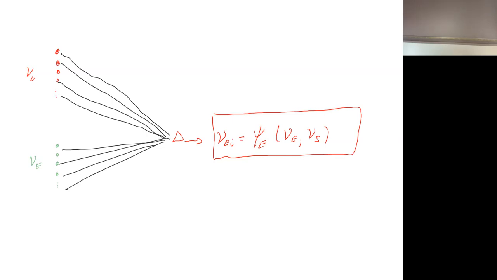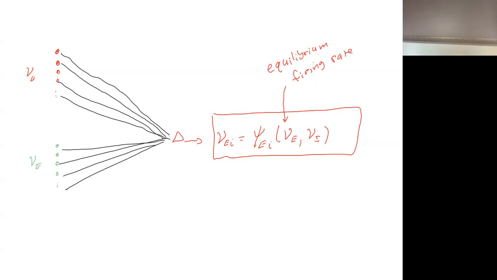And this is the equilibrium firing rate. Okay, so that's important. What it means is if the average excitatory firing rate is nu_E, the average inhibitory firing rate is nu_I, and somehow you held these fixed, this postsynaptic neuron would have a firing rate determined only by this gain function psi.